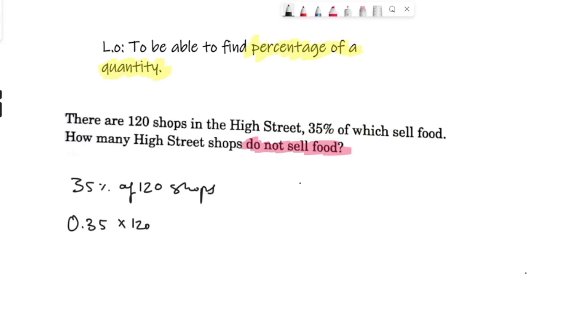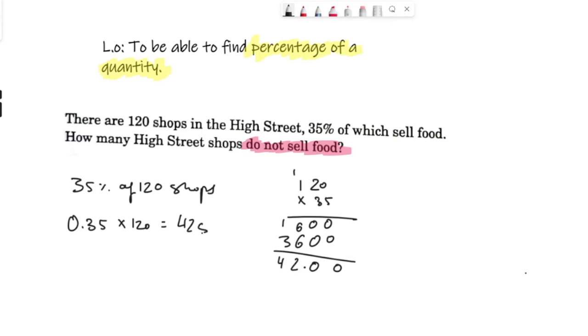Let's do it here. 120 times 35. 5 times 0 is 0, 5 times 2 is 10, 5 times 1 is 5, 6, 0. 3 times 0 is 0, 3 times 2 is 6, 3 times 1 is 3. So we have 4200, and 2 decimals, because it's always 2 decimals. So 42 shops sell food.